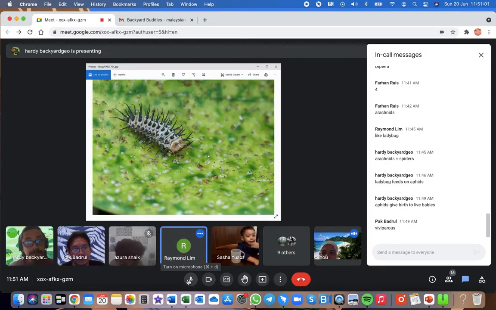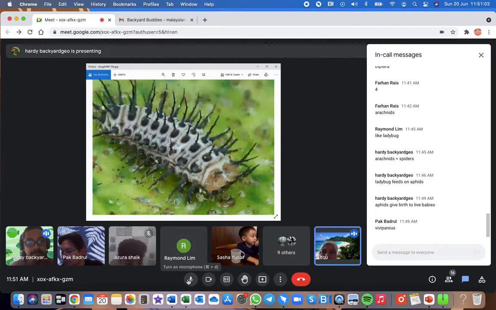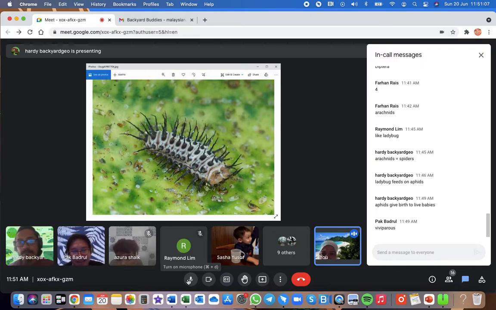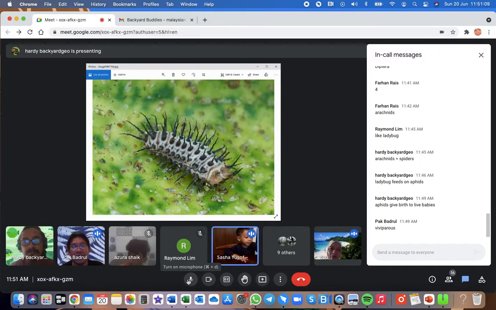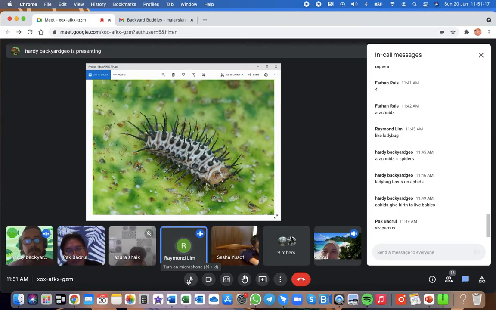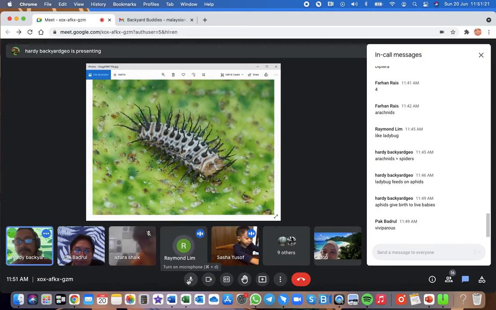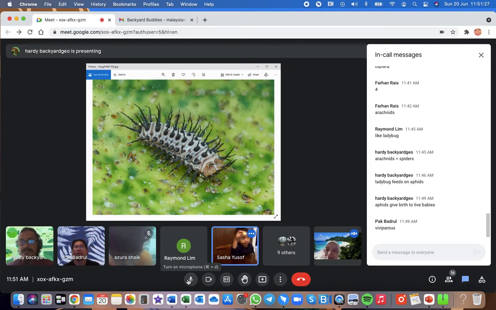It looks like a full-grown caterpillar, but it's actually a larva of beetles. It's not a fully developed insect yet.